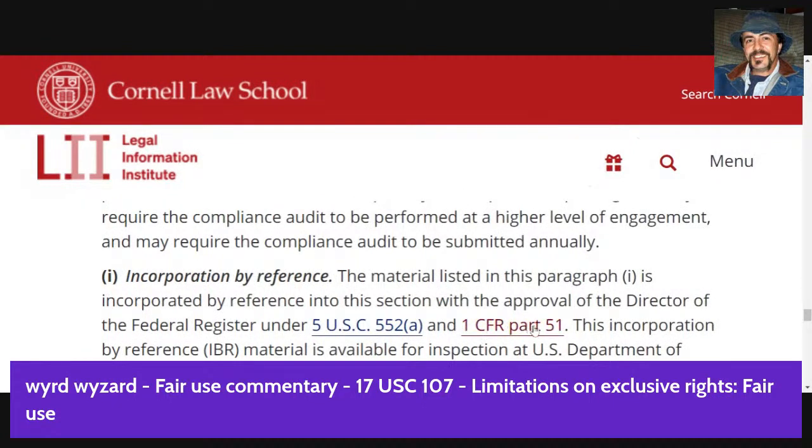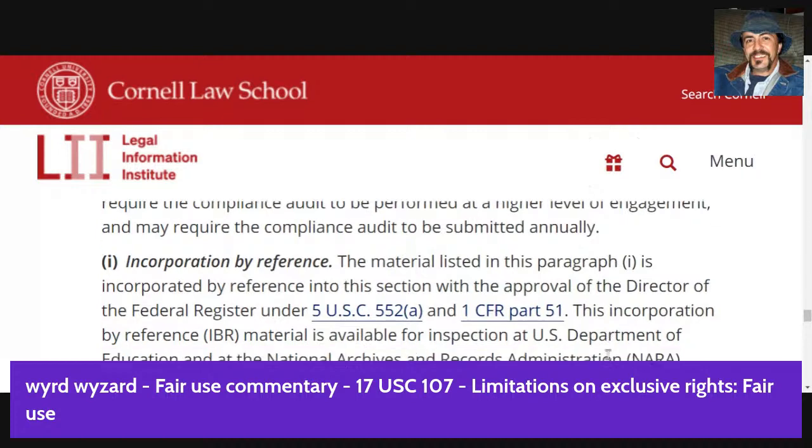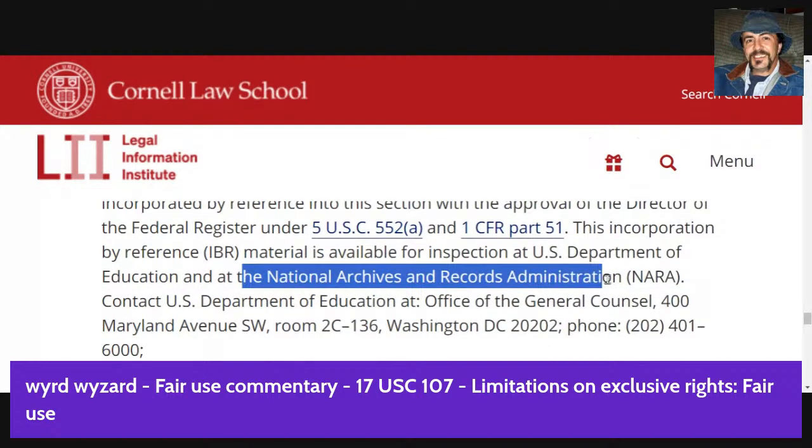And 1 CFR Part 51. This incorporation by reference, IBR material, is available for inspection at U.S. Department of Education and National Archives Records Administration. Okay? That enumeration at birth is an import document, and it's got a burial trust established.